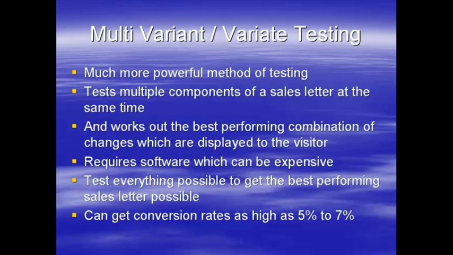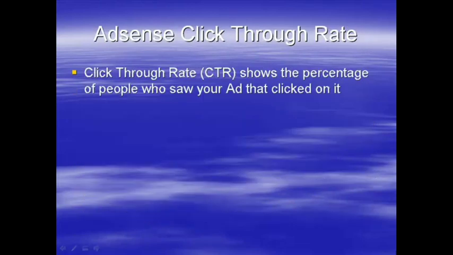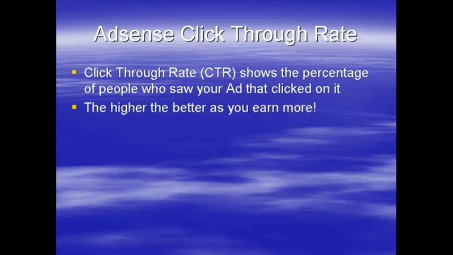It's multivariate testing. Now in this video we're going to talk about the AdSense click-through rate. The click-through rate basically shows you the percentage of people who saw your ad that clicked on it. So a click-through rate of 10% means 10 in 100 people clicked on your advert. Now obviously I think we can say the higher the better, as the more you earn.